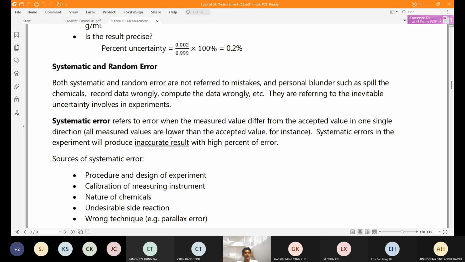So calibration, if we do not do the standardization, chemical problems, undesirable side reactions, like you leave the sodium hydroxide in air for a long time in an open container, what will happen? Sodium hydroxide is hygroscopic, and it reacts with the carbon dioxide in the air.